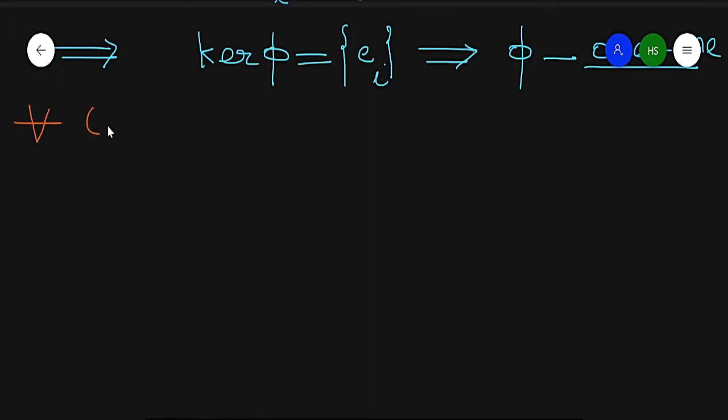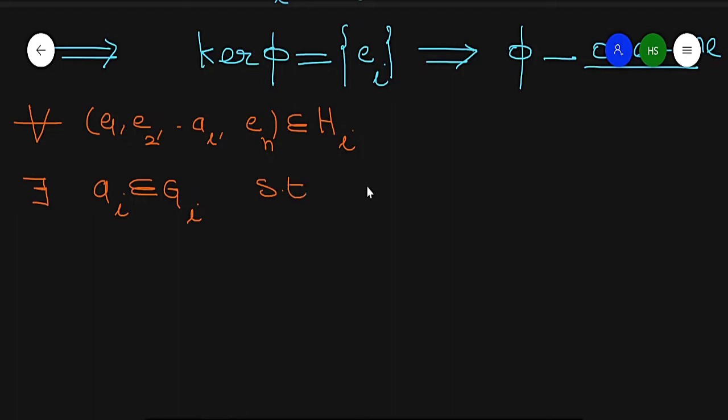For every element (E1, E2, ..., ai, ..., En) belonging to Hi, it means there exists ai belonging to Gi such that phi of ai is equal to (E1, E2, ..., ai, ..., En).